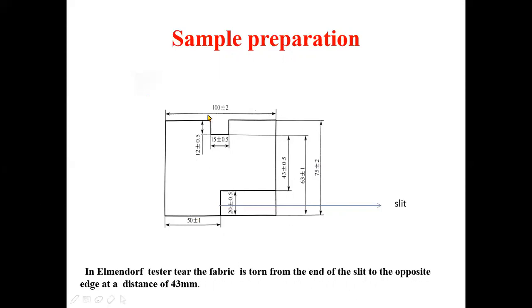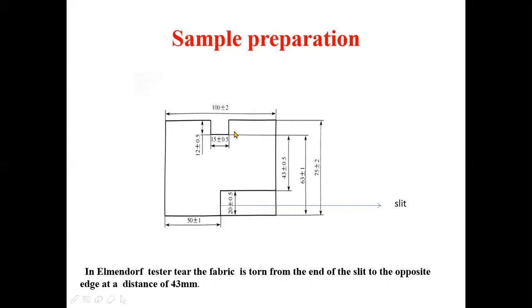I am not considering the allowance right now. So the width of the specimen will be 100 millimeter, that means from this point to this point it is 100 millimeter, and the length of the specimen is 75 millimeter, from this point to this point, right?